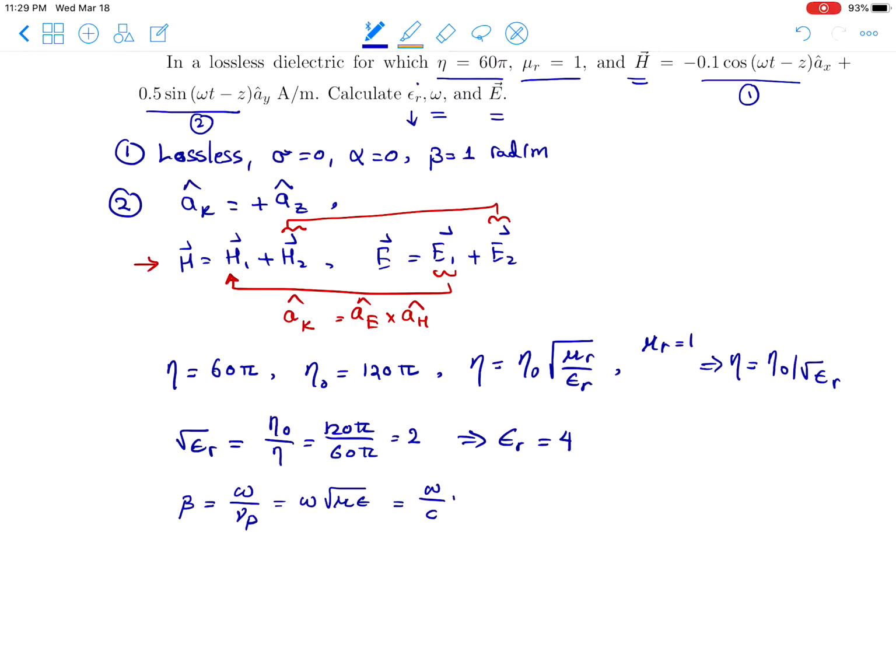Therefore, if I expand it, I will get something like this, and this should equal 1.